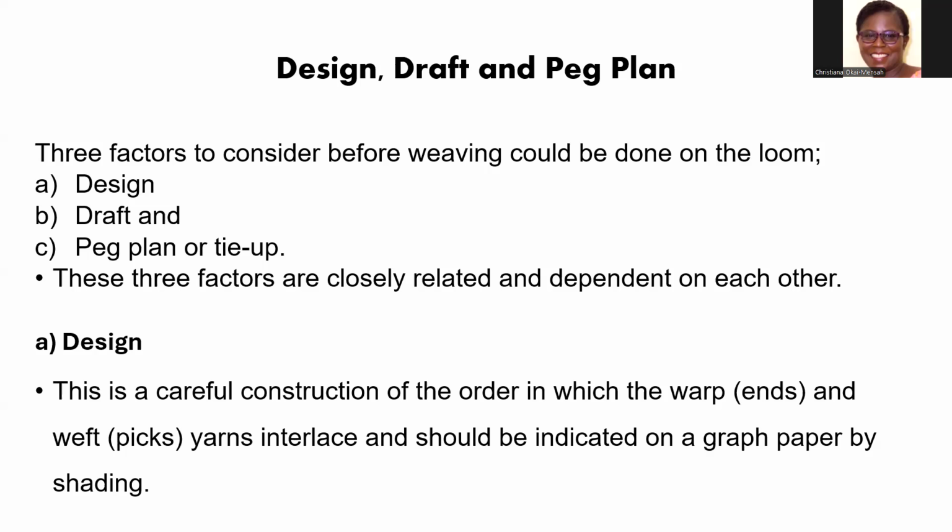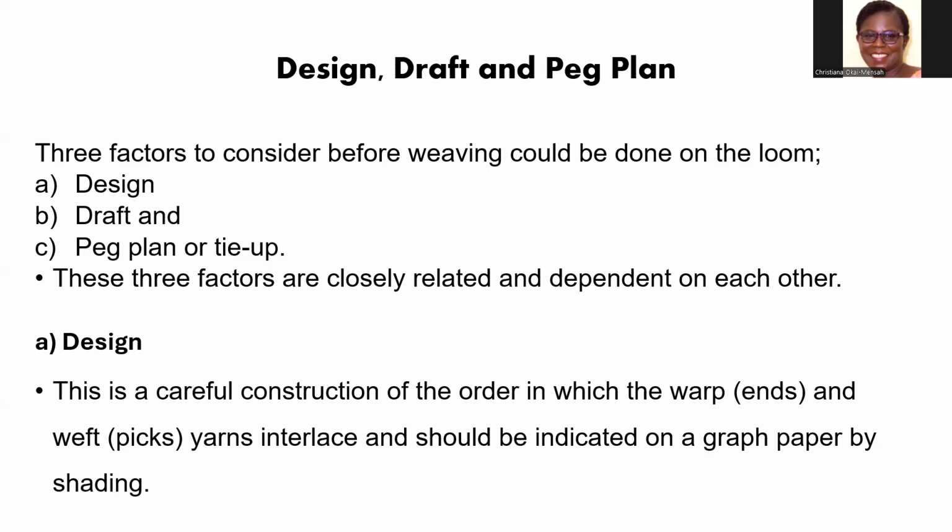I said you have done the design already, but what is it? So the design is a careful construction of the order in which the warp, I've told you the warp are the ends. So we have the warp ends, the ends that run vertical, or when you see the weaver weaving, the yarns in front of him, that is the ends.